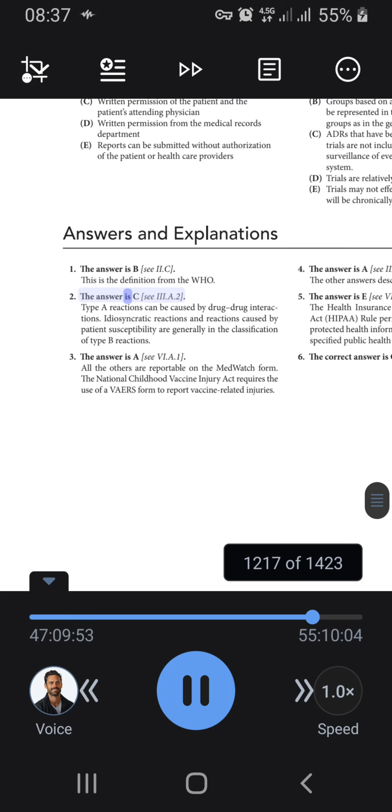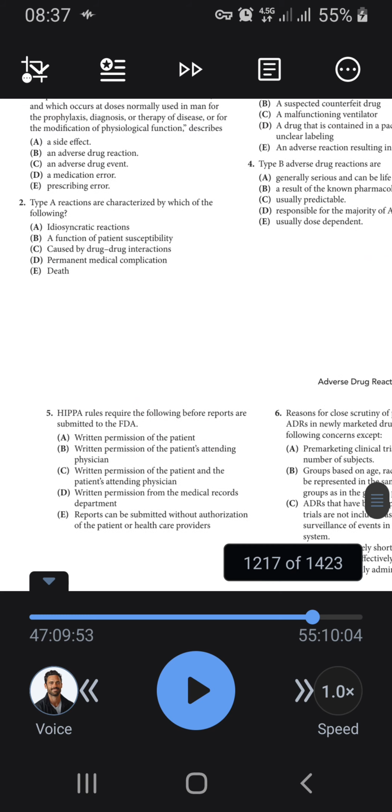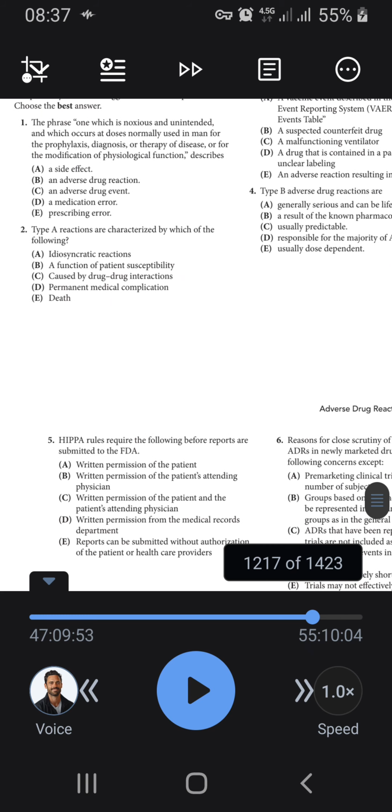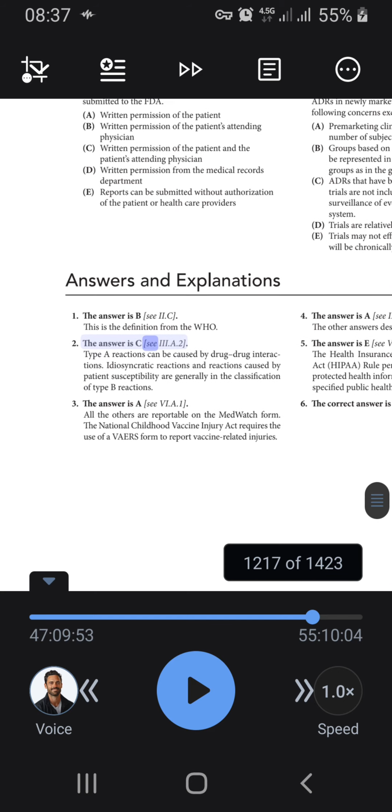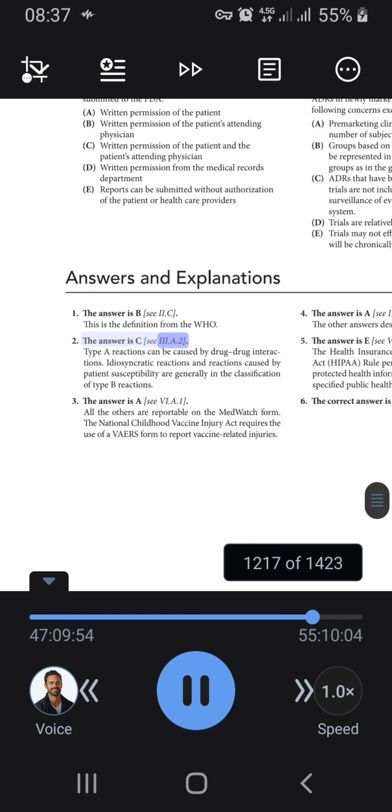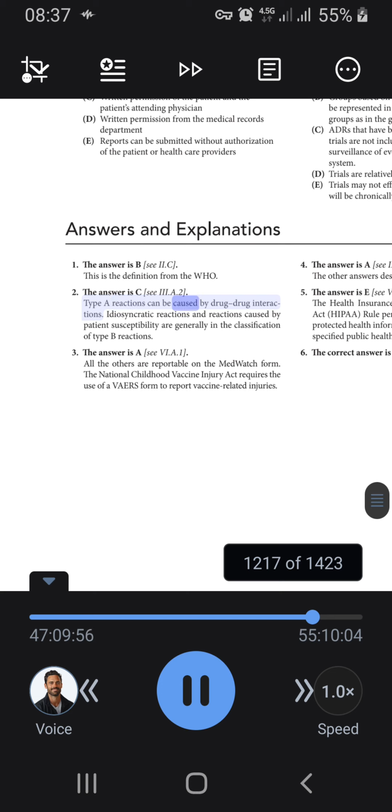The answer is C. Type A reactions can be caused by drug-drug interactions. Idiosyncratic reactions and reactions caused by patient susceptibility are generally in the classification of type B reactions.